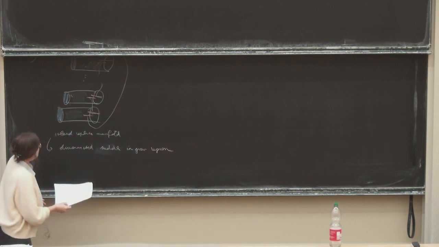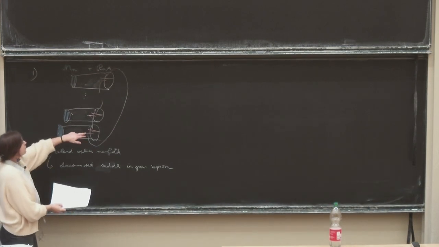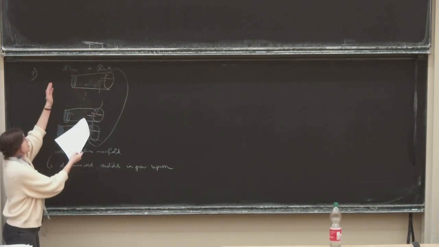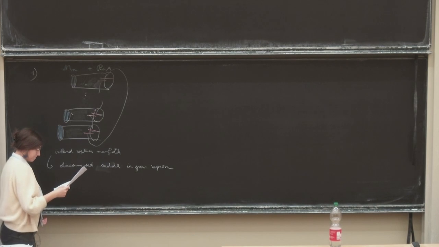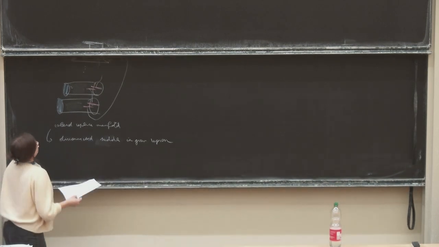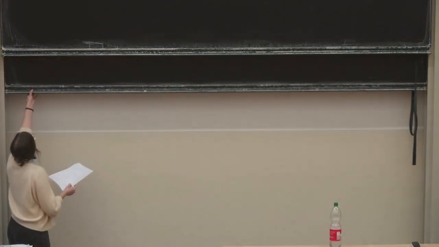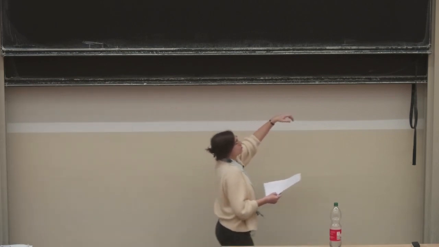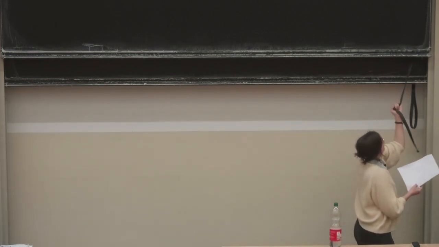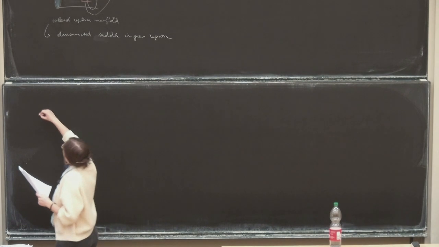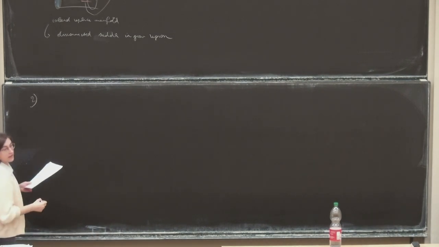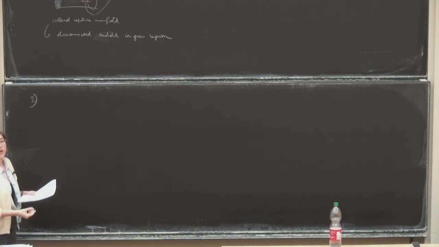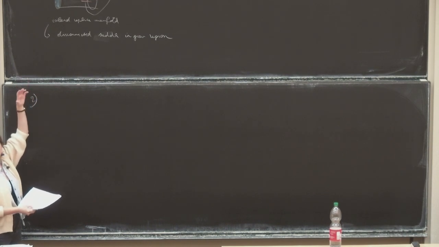Meaning that the replica manifold is only connected in the green region and not in the blue region. And so the idea was maybe there's a second saddle that should be taken into account, where also this gravitational region is connected.